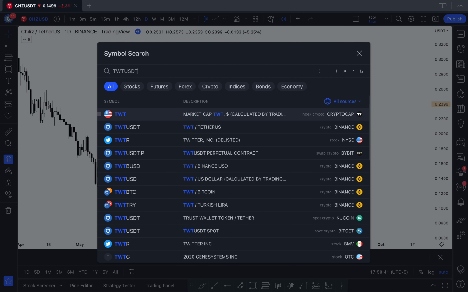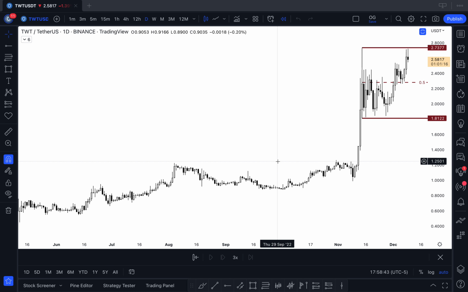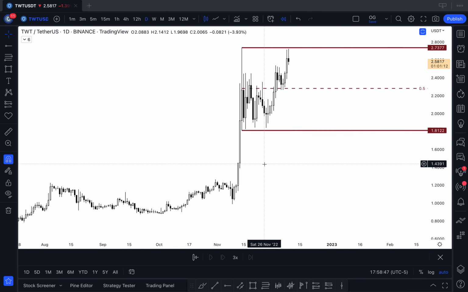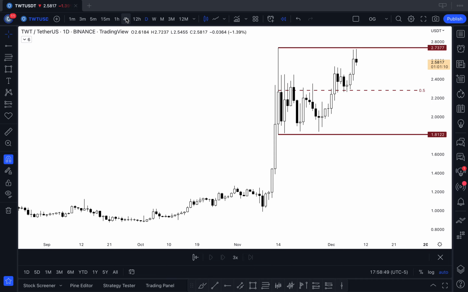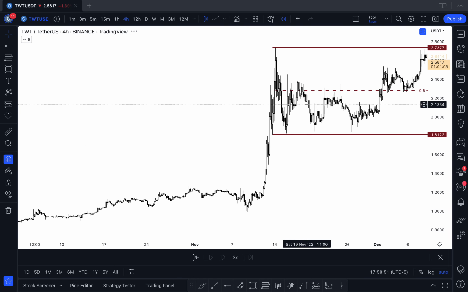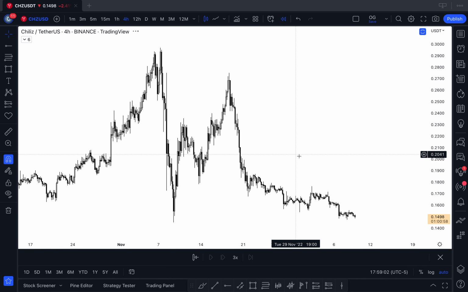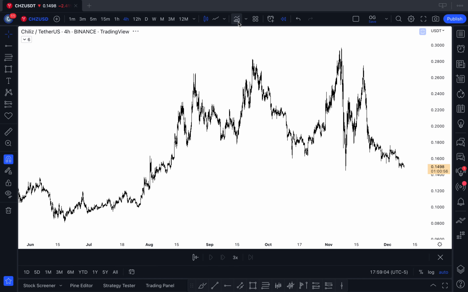And if we pull up TWT, let's just do the same thing and look at this. A long period of consolidation, a big breakout. A high was put in, we found support at this area of demand, and consolidated, ultimately running back towards the high. So Chiliz now, now that we have that in mind, a similar kind of idea here.